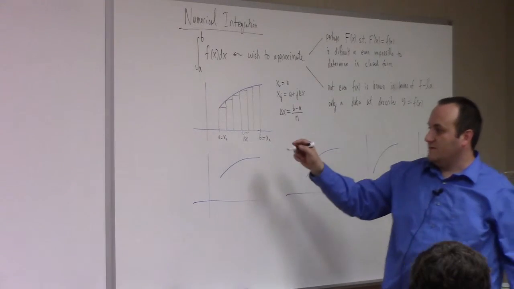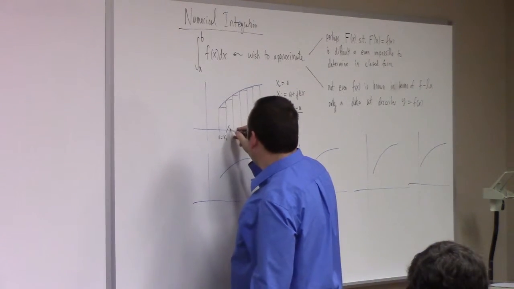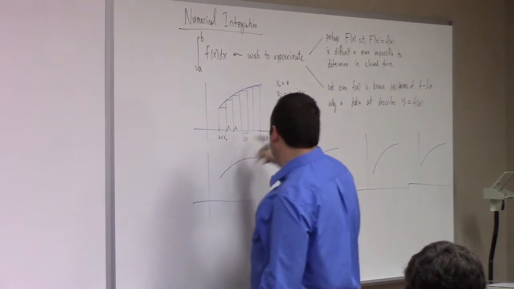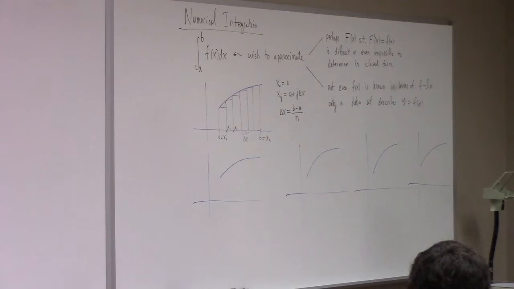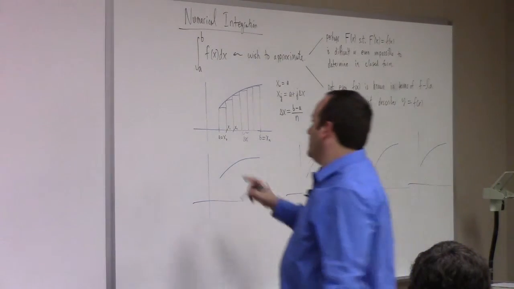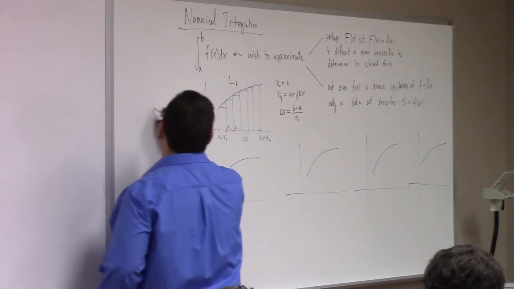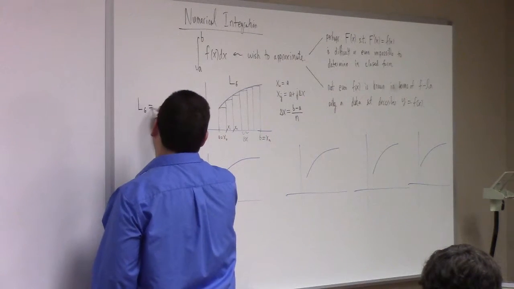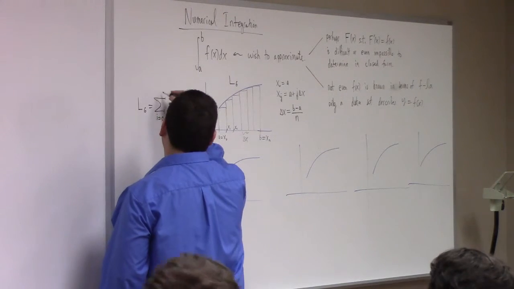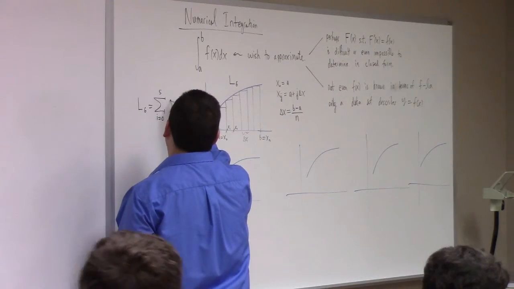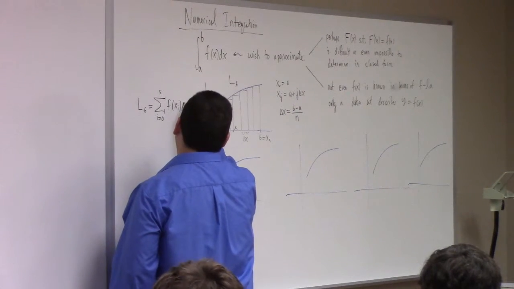So x1 is, you start with a and you go delta x over. There's x1, here's x2, and so forth. So what I've pictured here is what's called the left endpoint rule. In fact, this would be a picture of L6 for this. L6 is equal to the sum i equals 0 to 5 of f of xi times delta x.